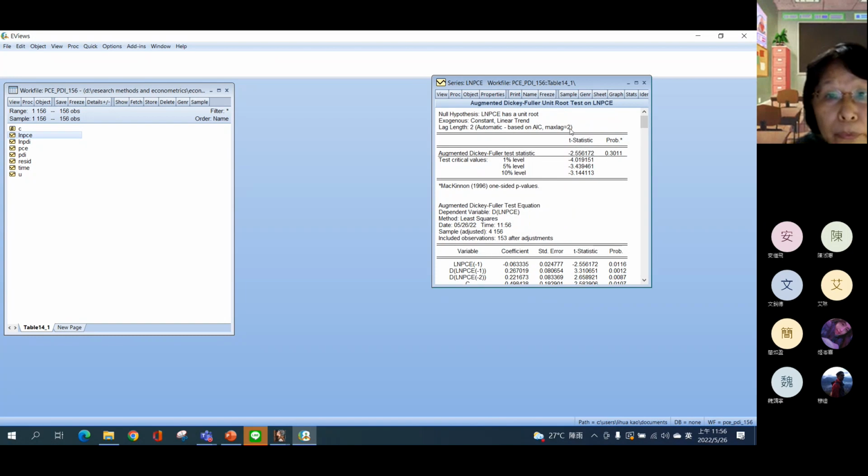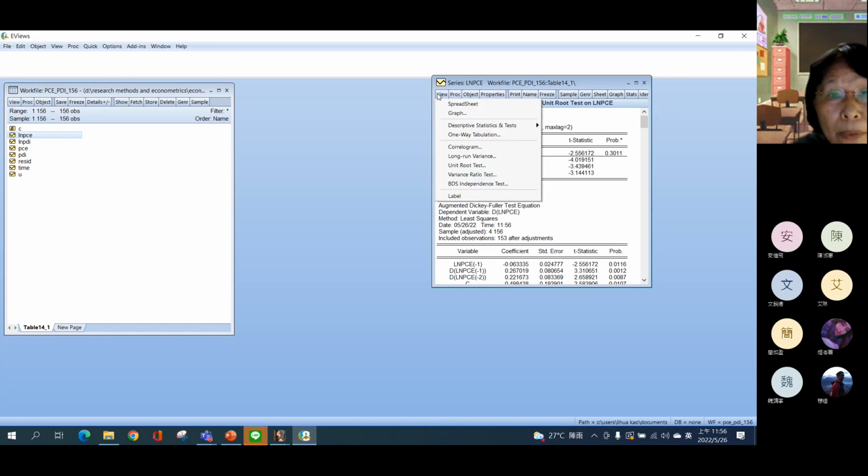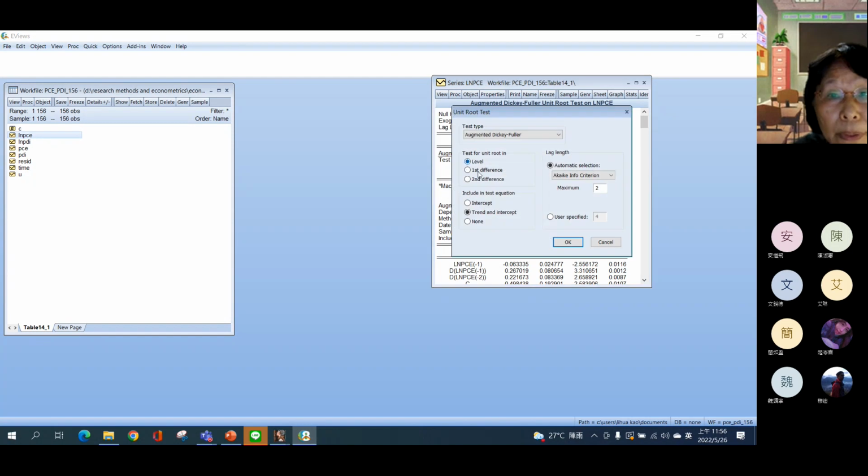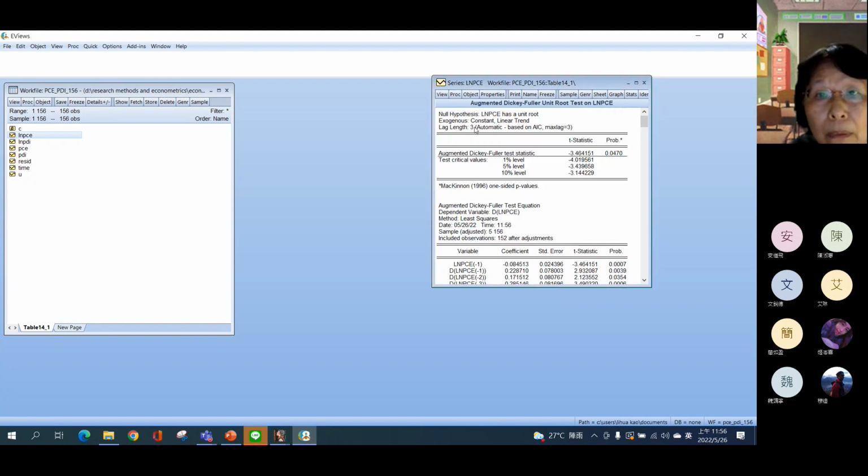If I use 2, this is non-stationary again. And if I use 3, the probability shows it is stationary.